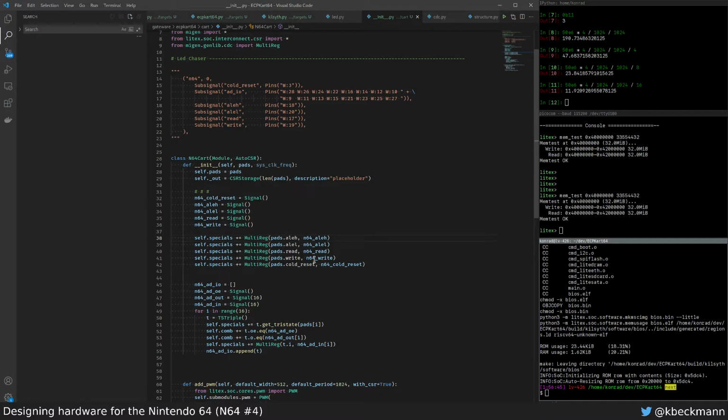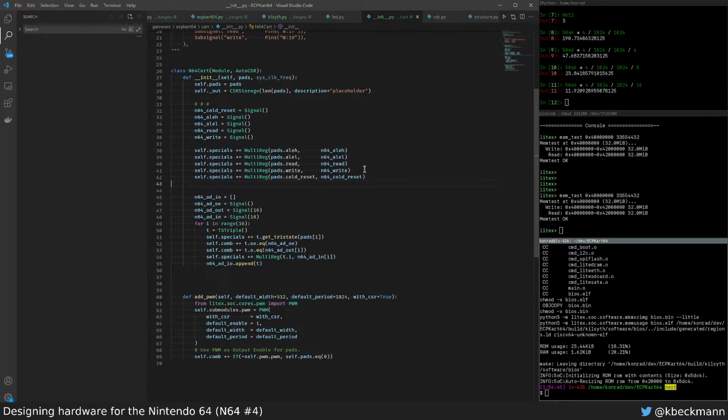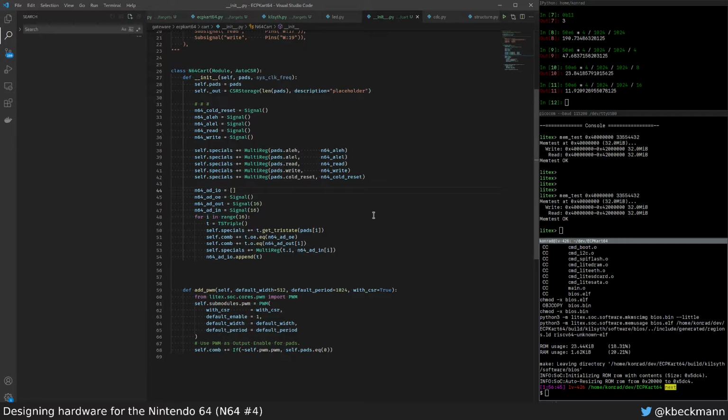Something like that, I think. Yeah, I think this makes sense. So now we have stable signals that we can trust. That's good.